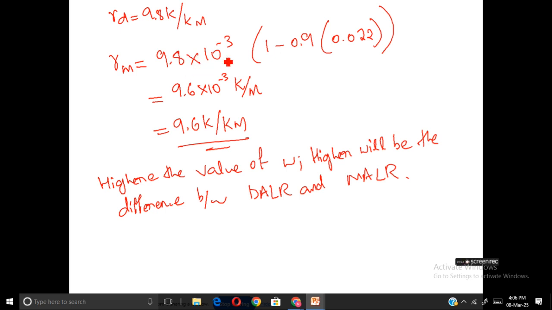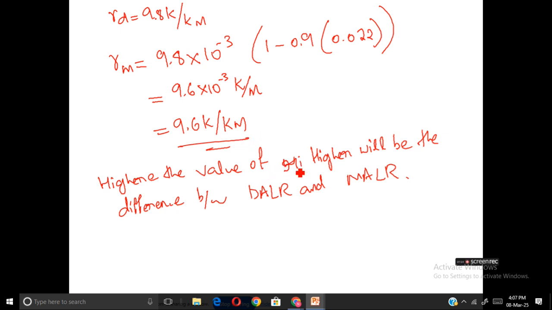Because it is 9.8 into 10 raised to minus 3 into 1 minus some value, as the value of R increases, the difference also increases. So the rate at which the temperature reduces in dry air and moist air differs more in case of a higher value of W, or R, the mixing ratio.